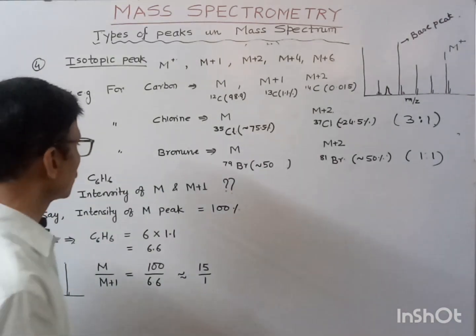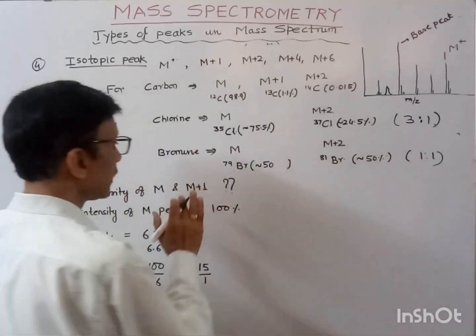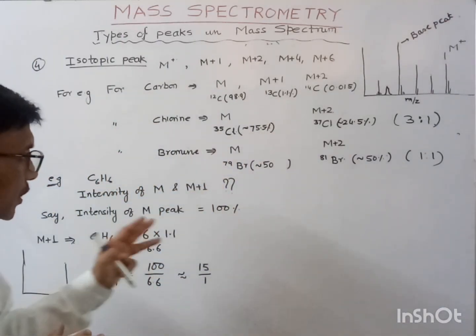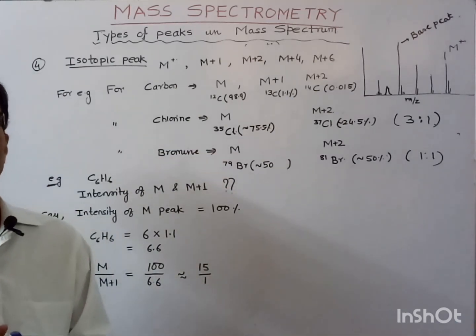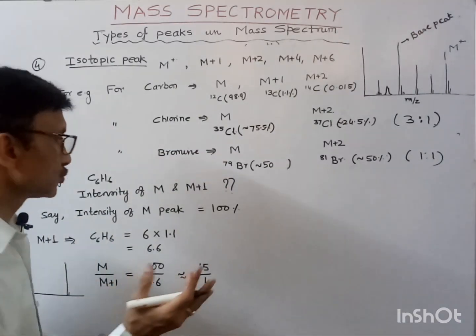This is about the M plus 1 peak. Now we can also find the intensity of the M plus 2 peak. Suppose you are asked to find it.